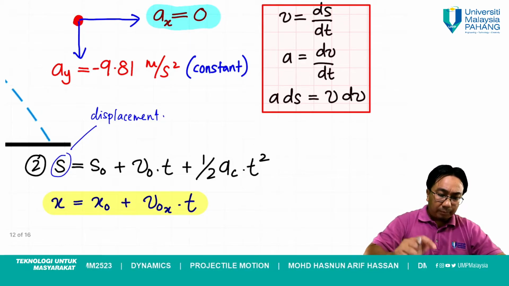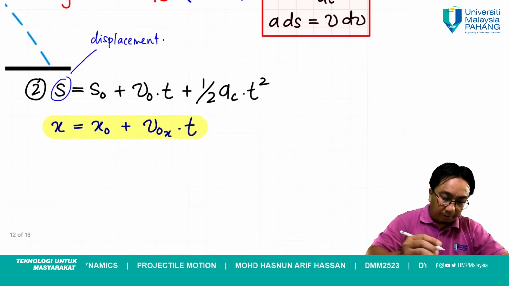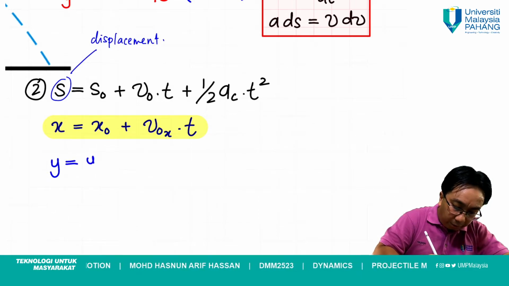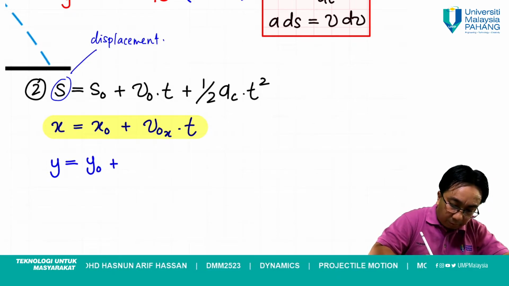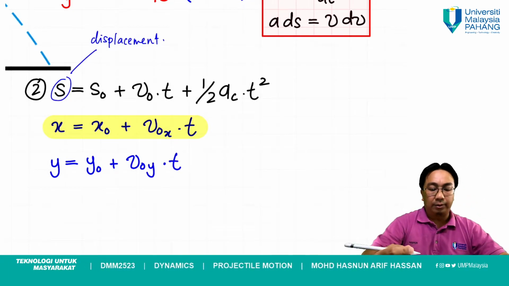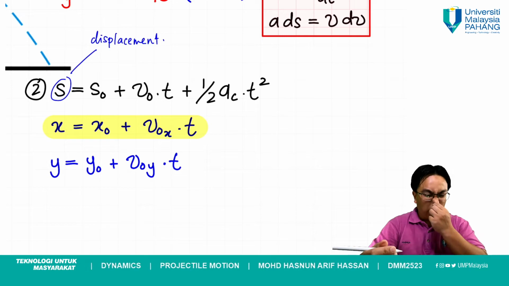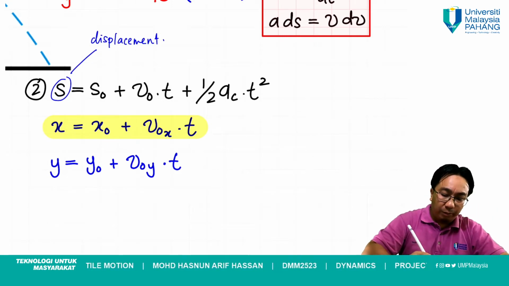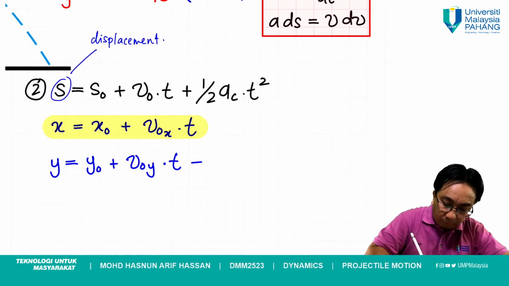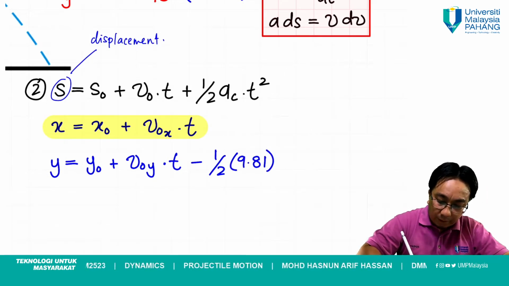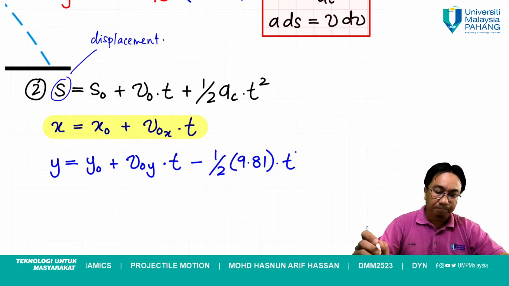Alright. Sekarang kita pergi kepada y-axis pula. Okay, so y is equal to y0 plus v0y times T. Okay, AC untuk Y is always minus G ataupun minus 9.81. So you can write minus 1 over 2 times 9.81 times T square.